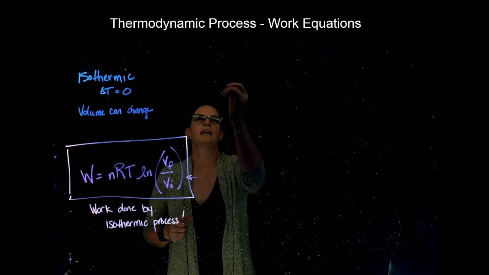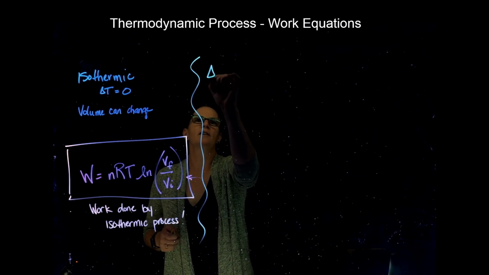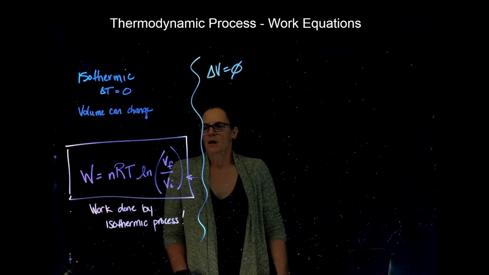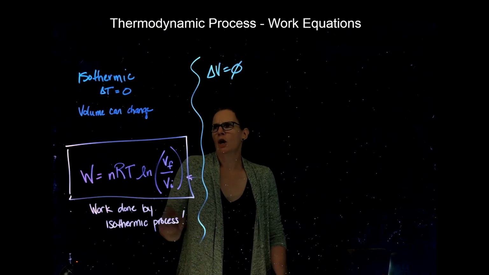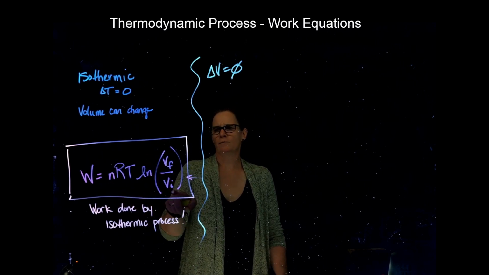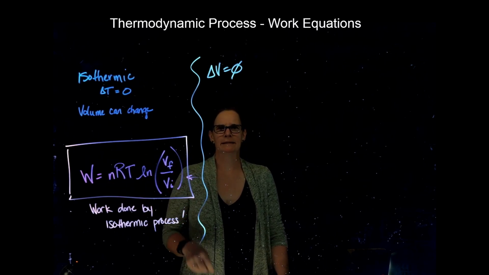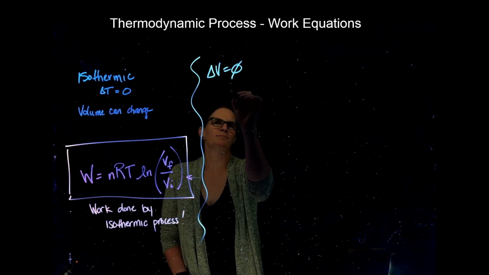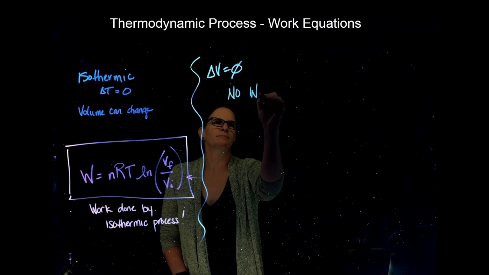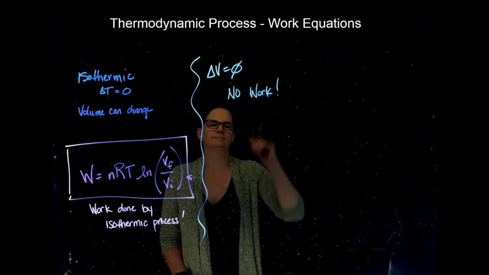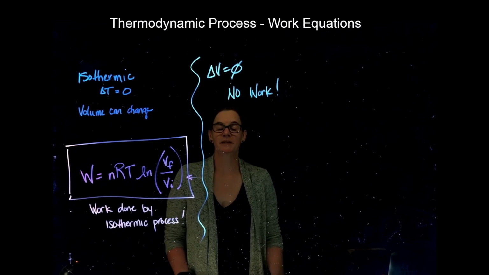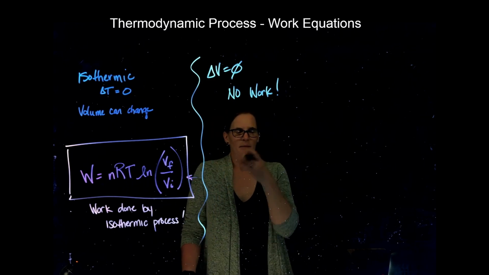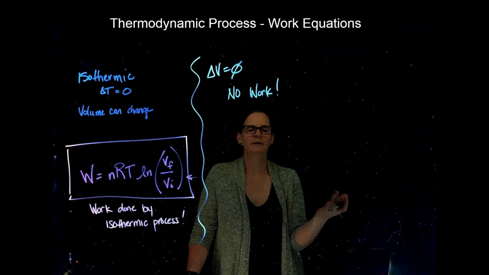Okay, so in this case, we have no change in volume. Well, if I don't have a change in volume, the natural log of 1 is 0, and so I have no work done. Another way we can think about that is that my pressure times my change in volume is 0.